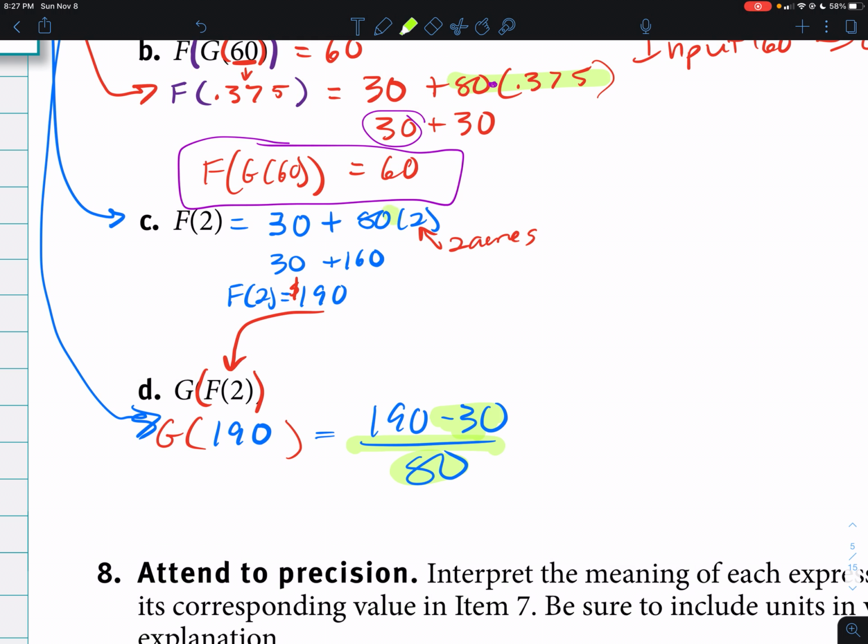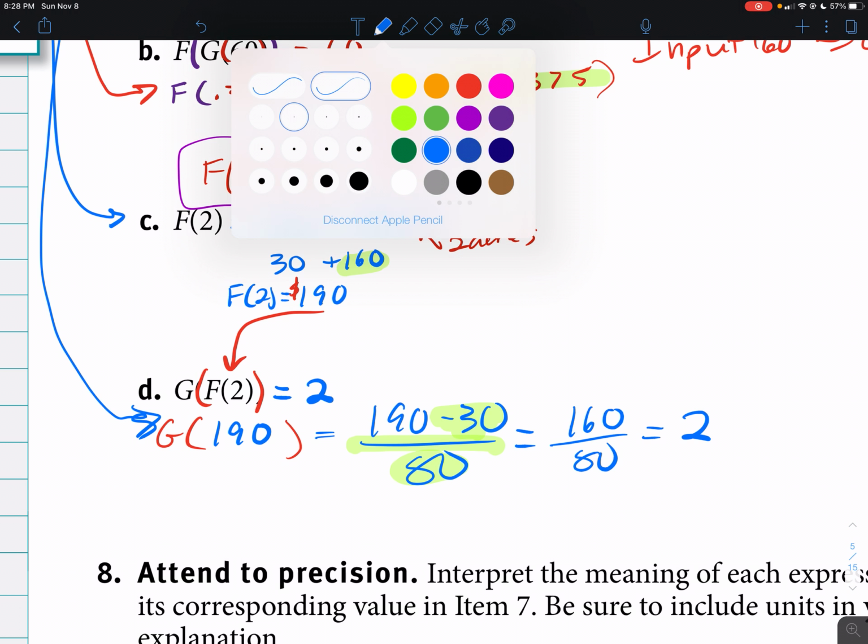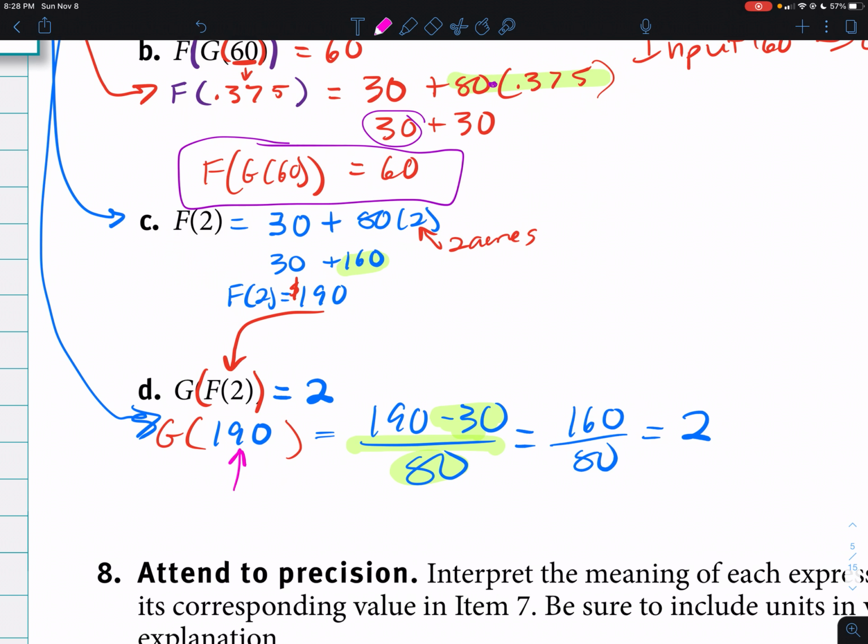In the last problem, we multiplied by 80 and added 30. So 190 minus 30 is 160 over 80. Look, there's that 160 again. And then 160 over 80 is 2. So we get that this answer is 2, because we reversed the operations that we did in the last problem. So this is $190. And this is 2 acres.